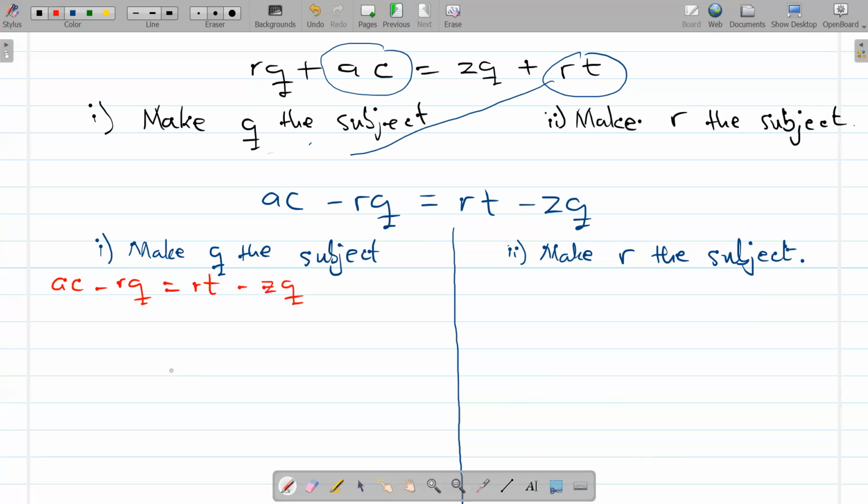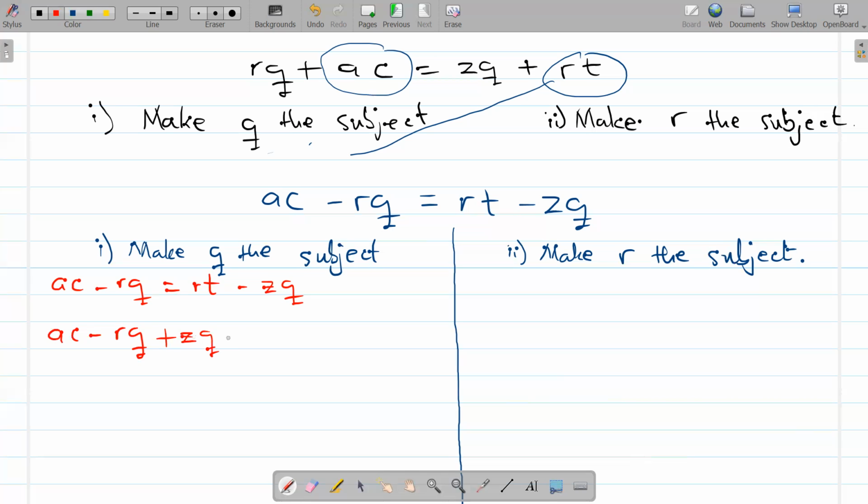So AC minus RQ, let's look at the ZQ. What's the sign? Minus. So if it moves, what happens to the sign? It becomes positive. So it becomes plus ZQ.